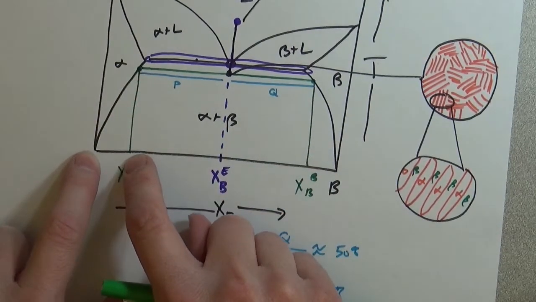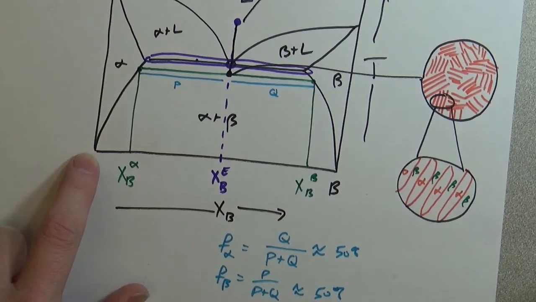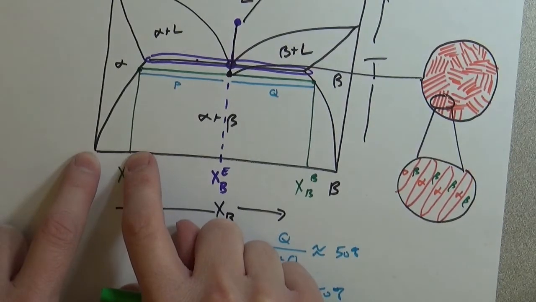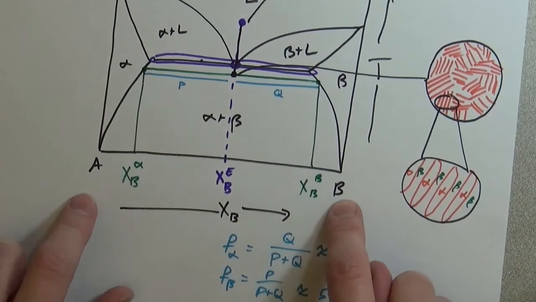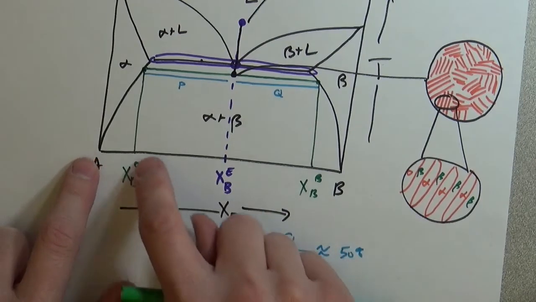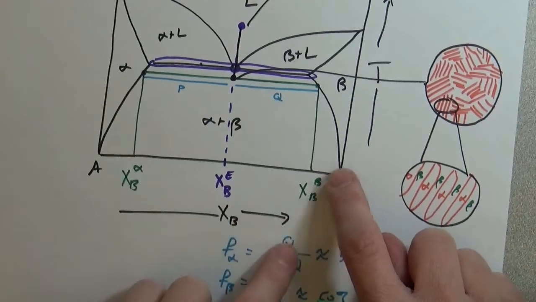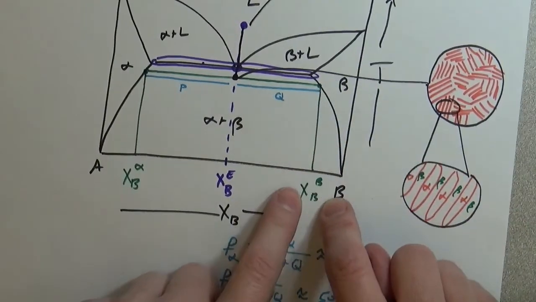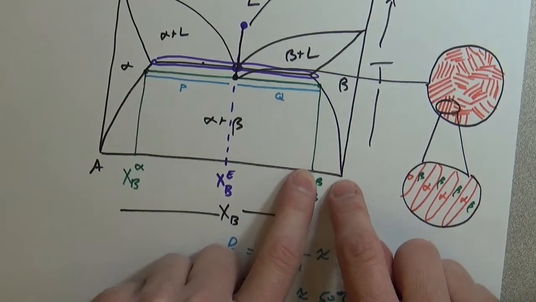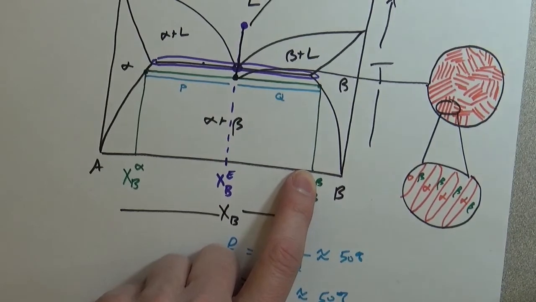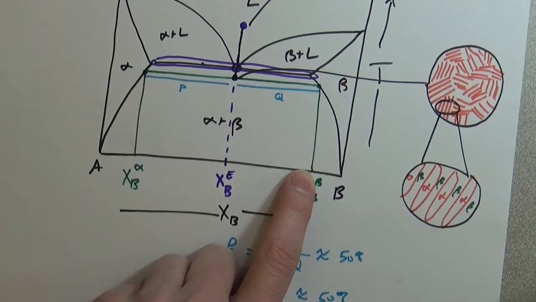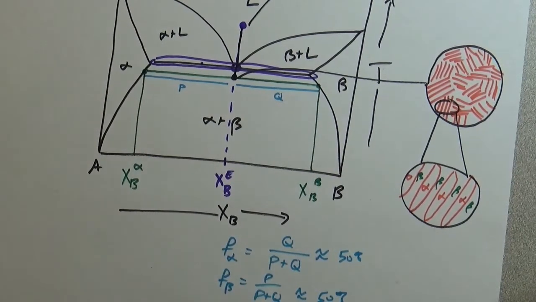It looks like it's maybe 15% B and about 85% A. On the beta side, we have exactly the opposite. It looks like maybe it is 90% B and 10% A.